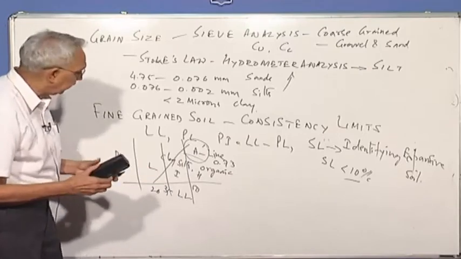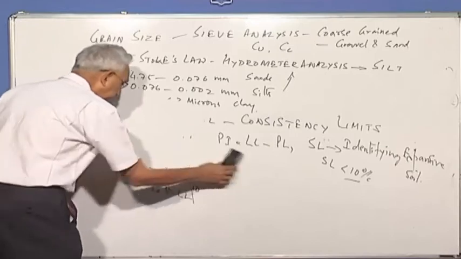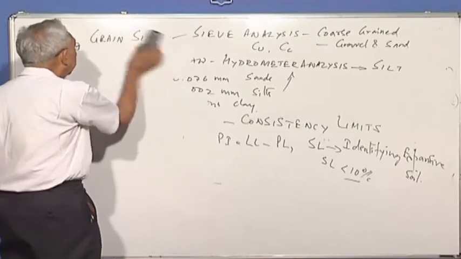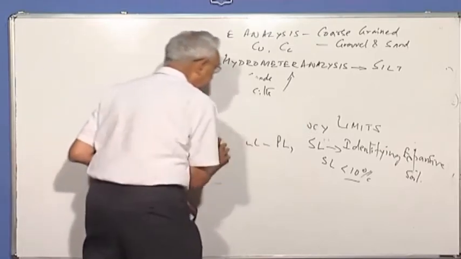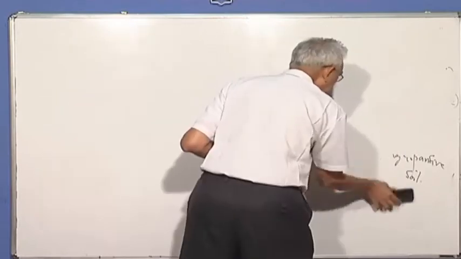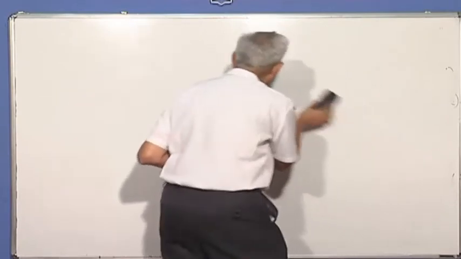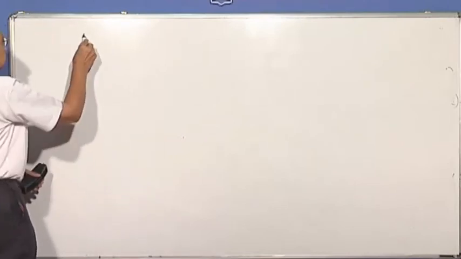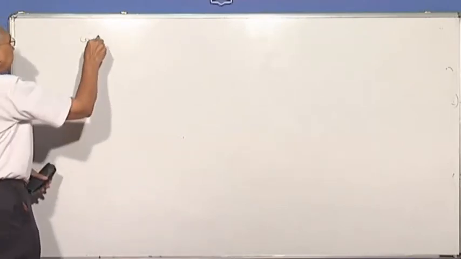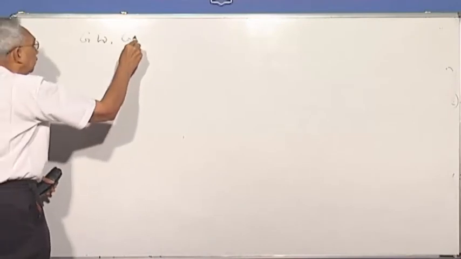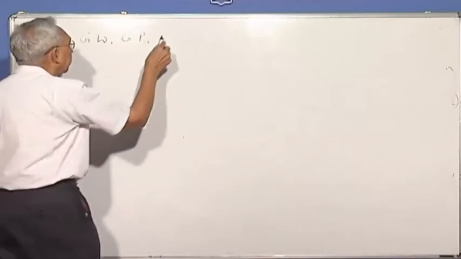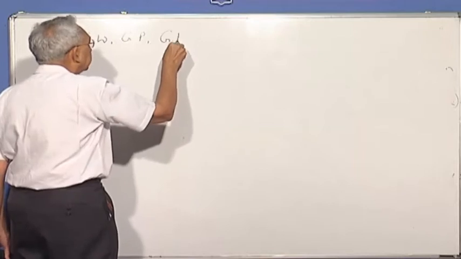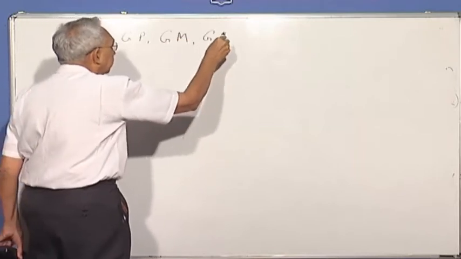Then based on all these parameters and distributions, we have given a nomenclature under classification, wherein by simple 2 letters you can signify different types of soils. For example, if I look at gravel, I can have well-graded gravel or a poorly graded gravel, or I can have a gravel with silt, a gravel with clay.